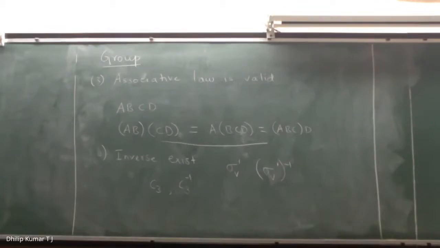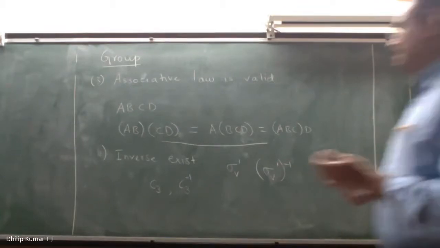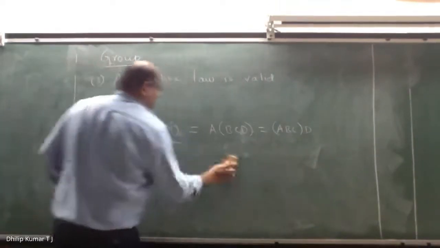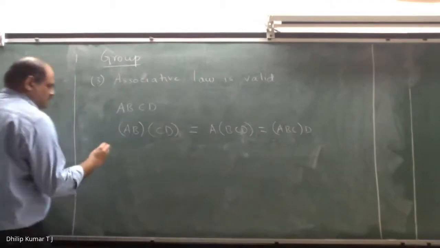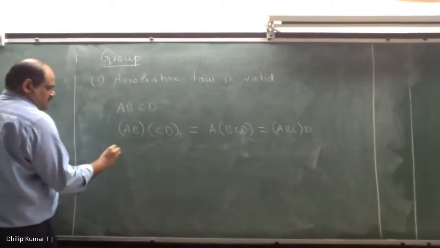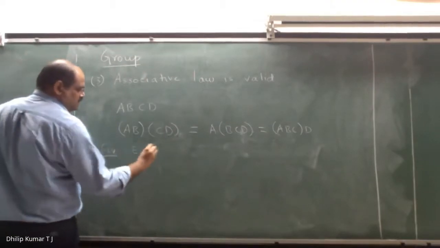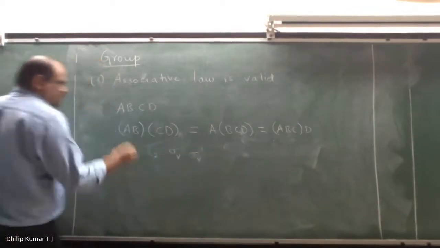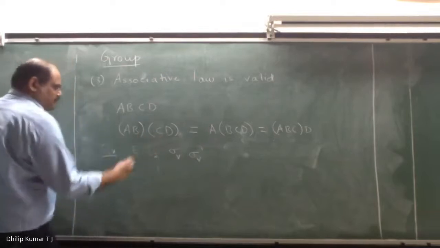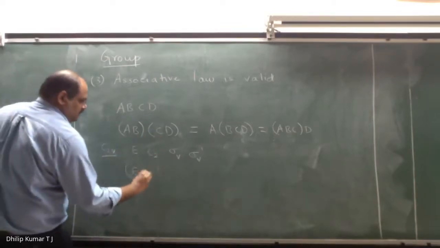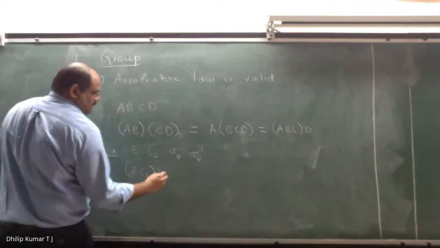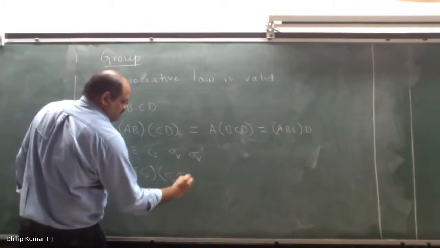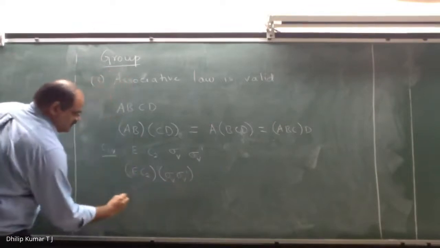Let's take C2v itself. So C2v has E, C2, sigma V, sigma V prime, right? So take the product of all three. Why not? Let's take E into C2 into sigma V into sigma V prime. So you tell me what you will get.